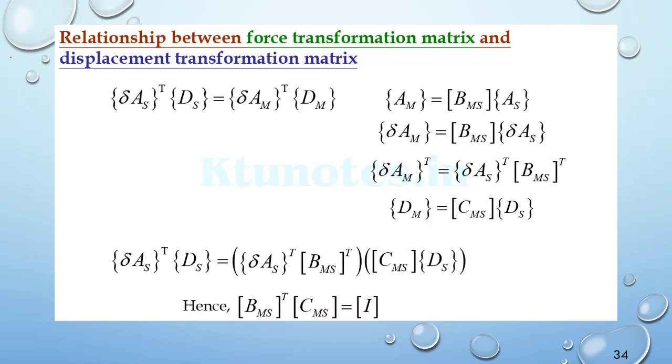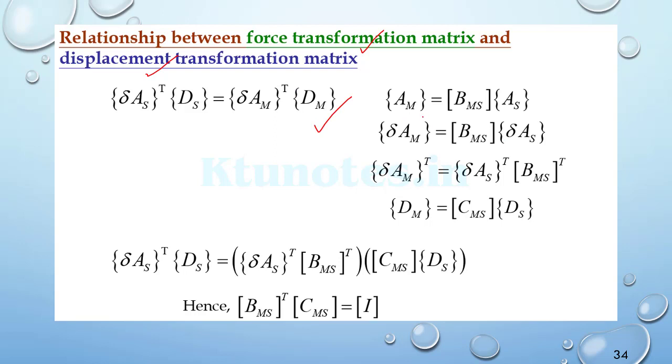A few more slides. The relationship between the force transformation matrix and the displacement transformation matrix. This one we discussed for the flexibility method, and this is a subcomponent of the stiffness method. So we know delta AS transpose into DS is equal to delta AM transpose into DM.